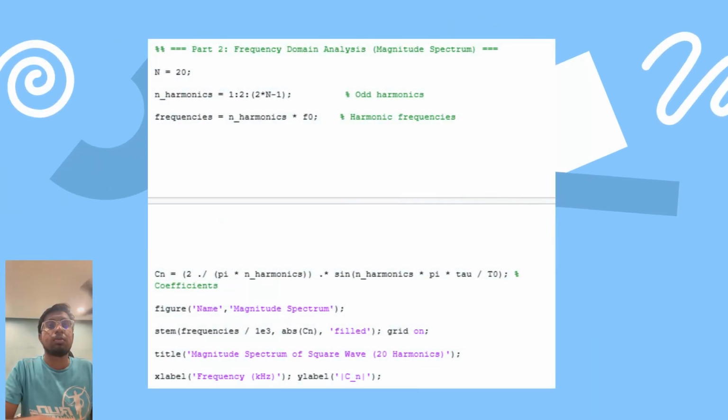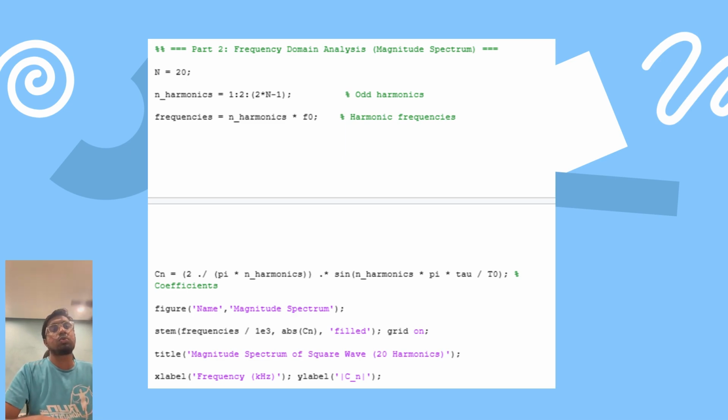For part 2, which is frequency domain analysis, the harmonic setup is N equals 20 harmonics, and n harmonics equals 1 to 2 step to 2N, which refers to odd harmonics: first, third, fifth, and so on. The frequency equals n harmonics times F0, which is the frequency of each harmonic, and Cn is the Fourier coefficient for each harmonic.